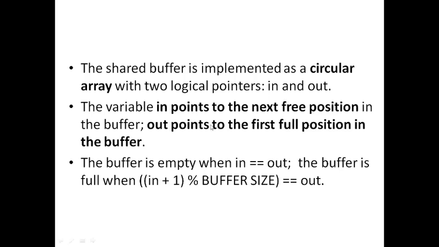This is the one when the buffer is empty, when in equal to out. So how do you know whether the buffer is empty or not? If in equal to out, which is equal to front equal to rear, then the buffer is empty. Whereas if (in plus 1) modulo buffer size equal to out, then it is full. This is the exact logic you would have seen in the circular queue implementation. That's what we are also doing here.